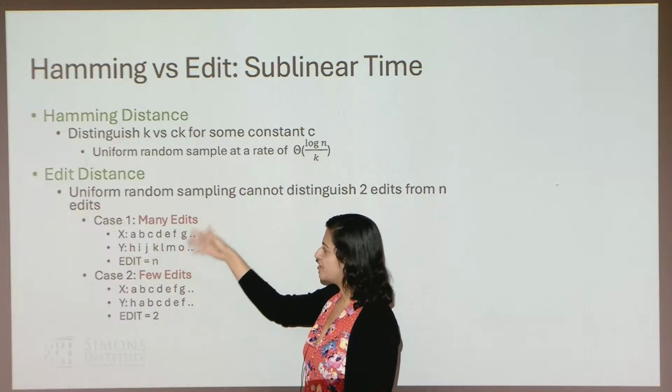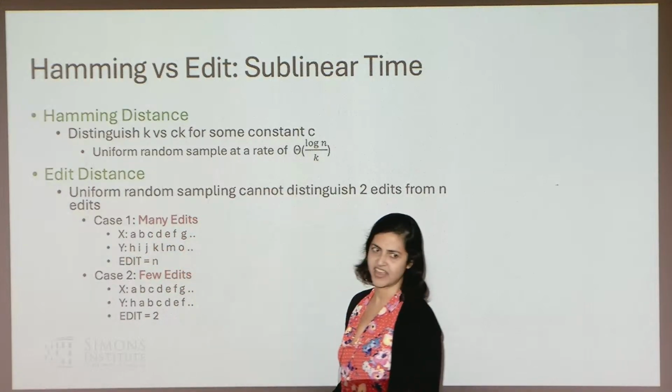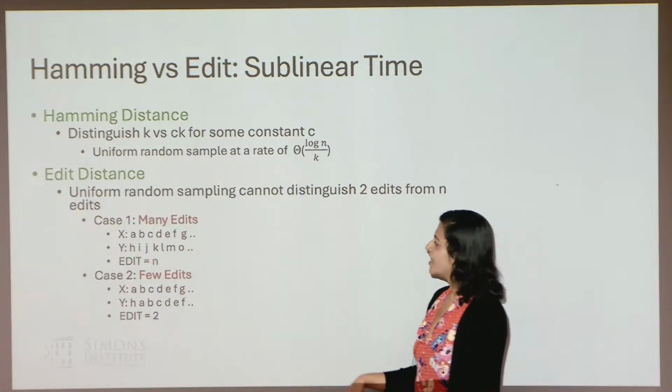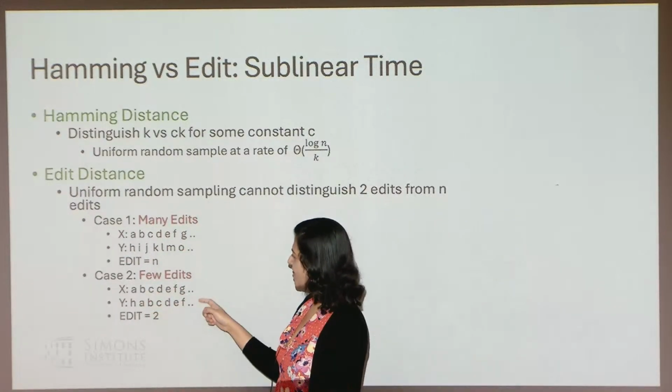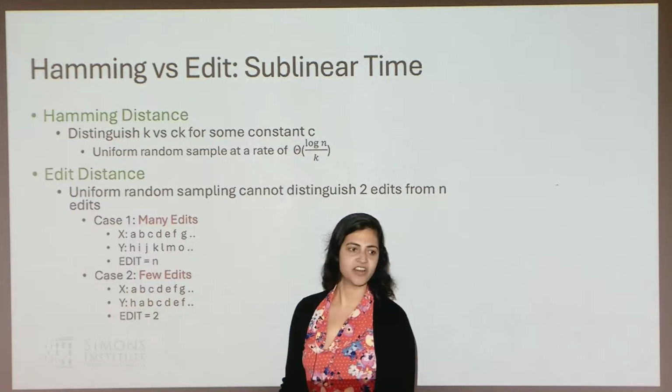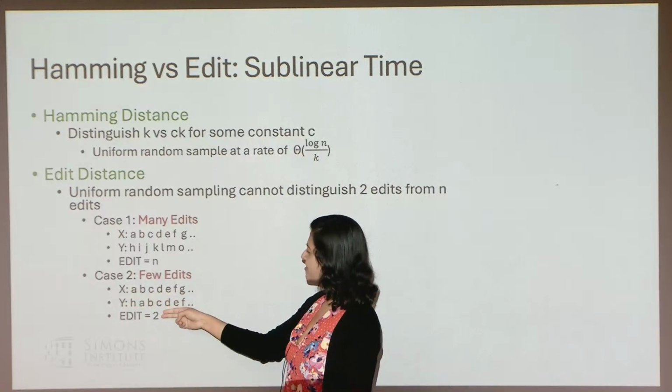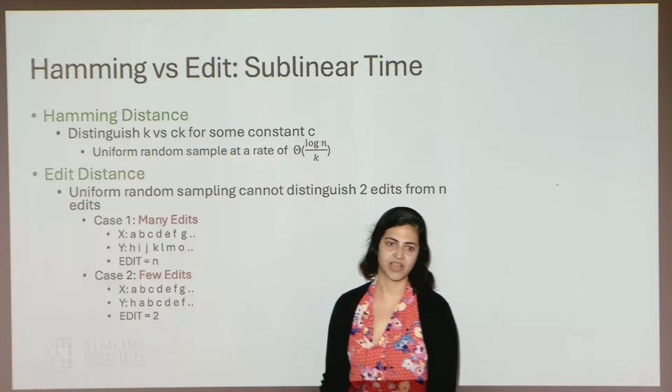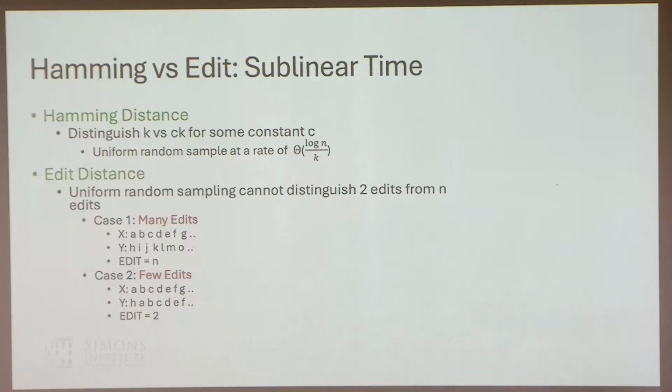If you do uniform random sampling, you will also see the edit distance to be really large. But here there is this case where y is just a little shifted version of x. So the edit distance here is 2, but if you do random sampling over here, your sampled edit distance will still be really high. So you cannot really do uniform random sampling and hope to get anything for edit distance in sublinear time.